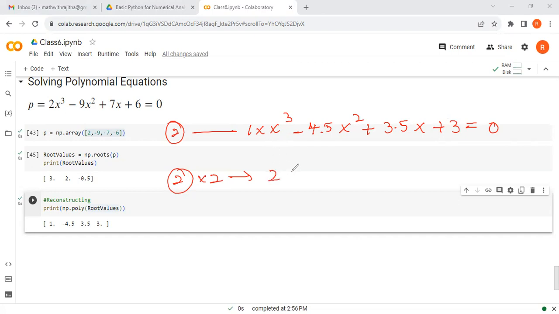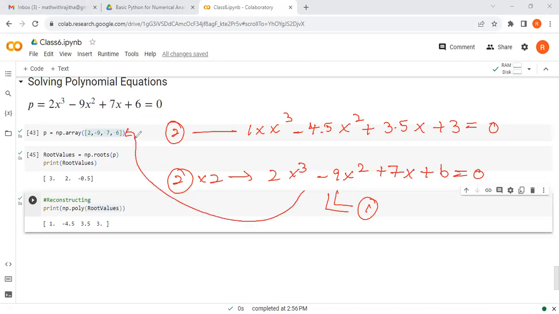So I get 2x cubed minus 9x squared plus 7x plus 6 equals 0, which is equation 1. So this one and this one are the same. Correct. So that's correct.